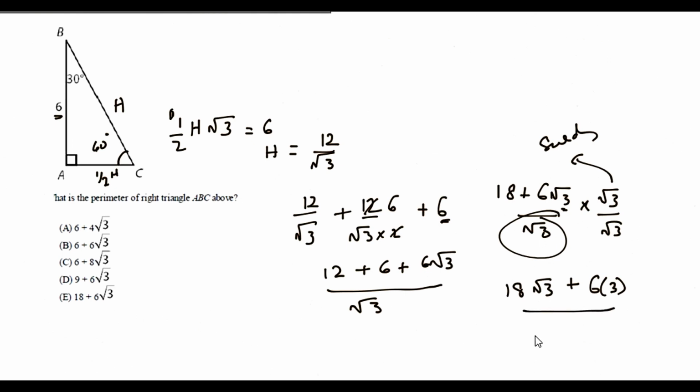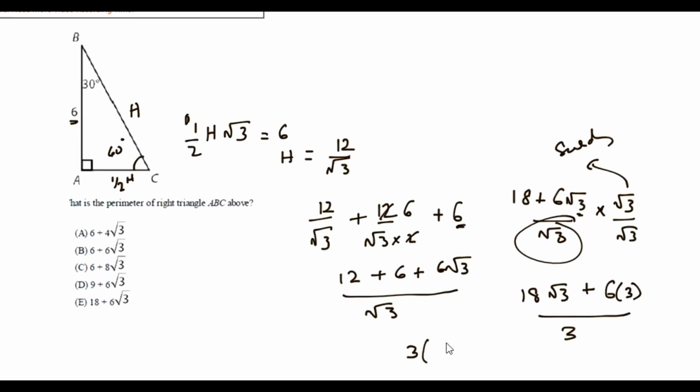over 3. Now if I am taking 3 common in this, it will become 6 root 3 plus 6, and this whole value is divided by 3, so this and this is cancelled, and we are left with a value of 6 root 3 plus 6, right?